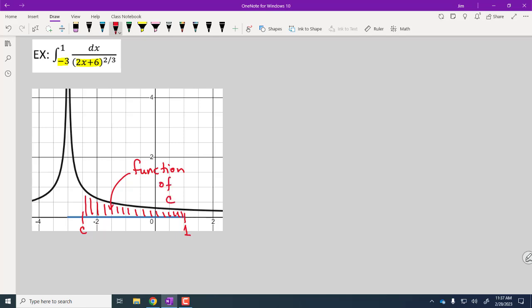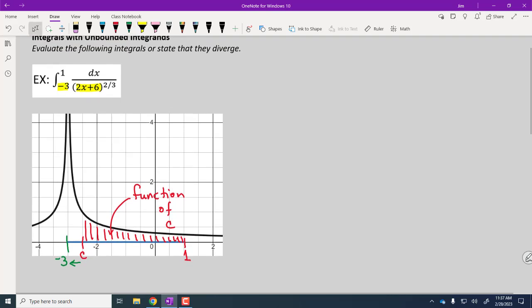And then we are going to let c approach -3 from which side? From the right-hand side. So immediately we jump to limit. c is going to approach -3 from the right.